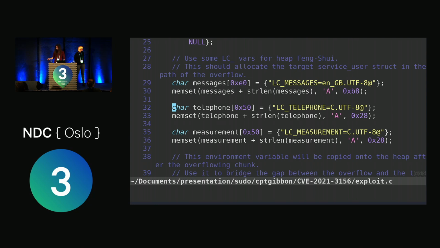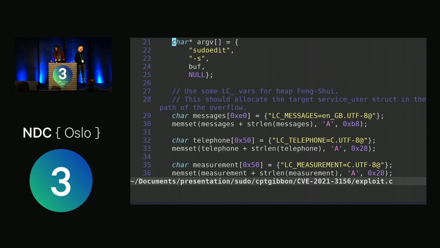But in this exploit, these are also being abused to do heap feng shui, because these LC variables will be picked up by the standard library very early in the load process and stored on the heap. So by putting this into the environment variables, it will be picked up by the C library, and it influences the layout of the heap. When we were doing the fuzzing, we were also changing the sizes of these to see how it influenced the heap layout.